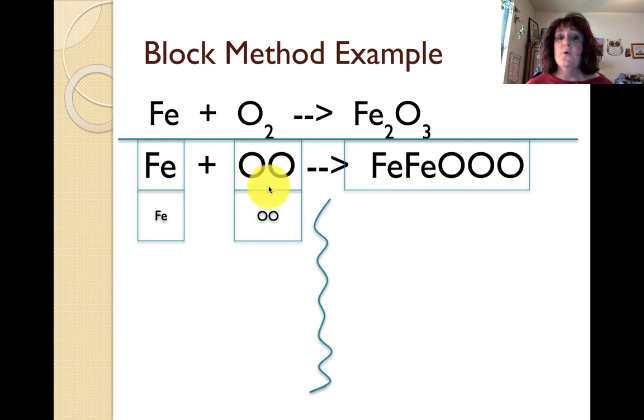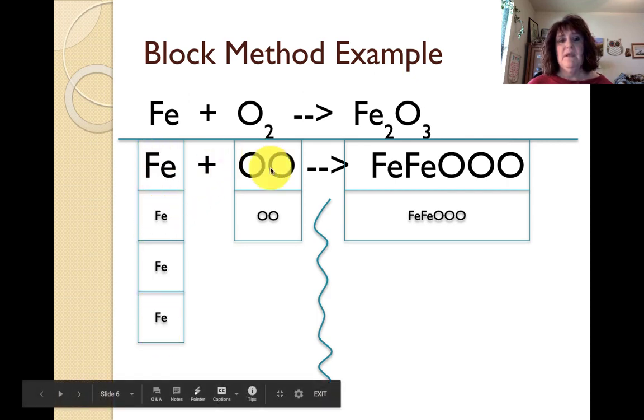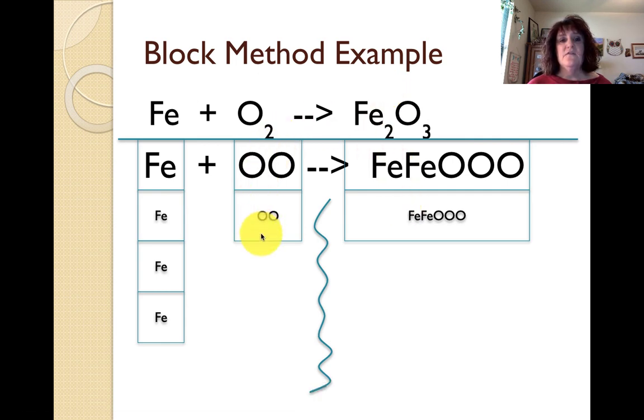So I have 4 oxygen and 3 oxygen. So that means I have to add a block over here. But now I start over. I have 4 iron on the right and 2 iron on the left. So I have to add 2 more blocks over there. Now I have 4 iron and 4 iron. I have 4 oxygen and I have 6 oxygen.